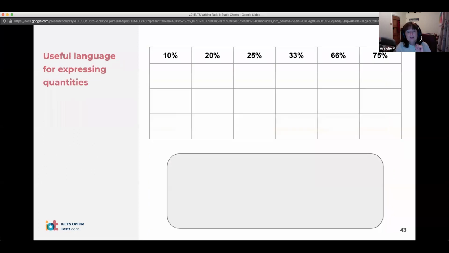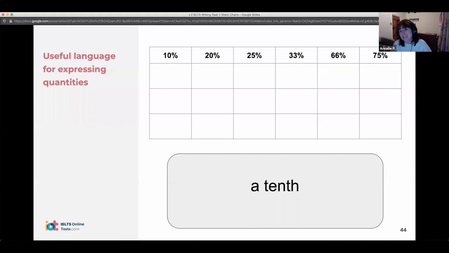Okay. So before we go on to write out our body paragraphs, pie charts are almost always in percentages, and many of the other static charts can be in percentages as well. You also sometimes get percentages in the process question. So it's very important to have a variety of language related to that.